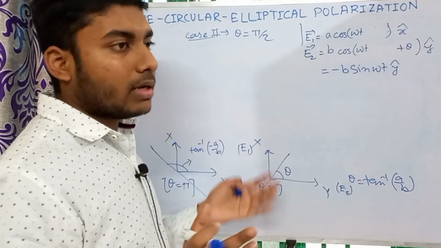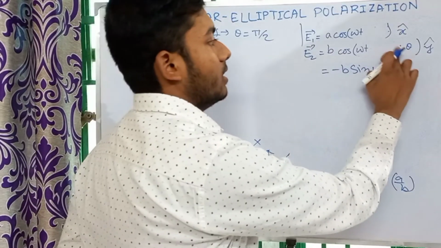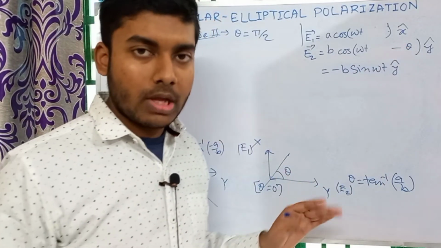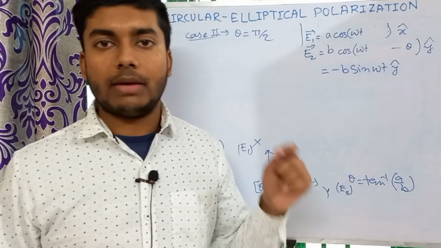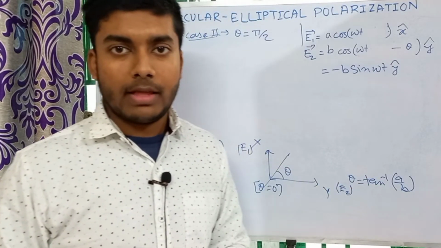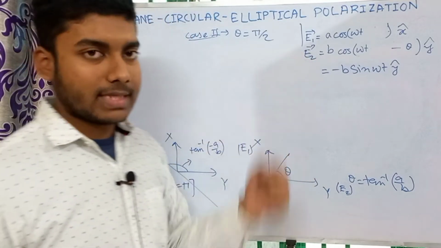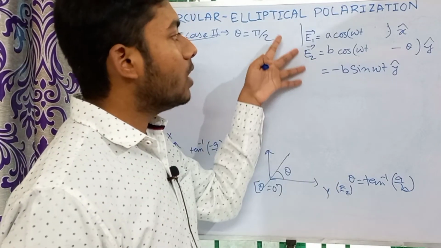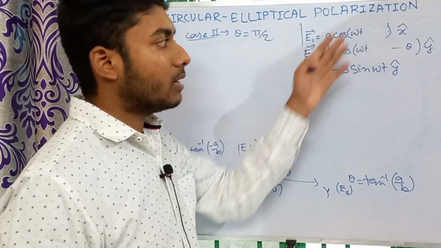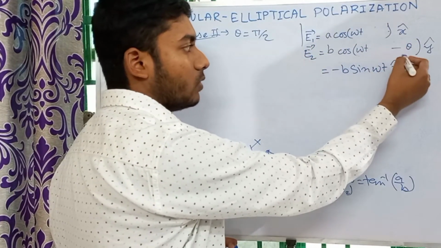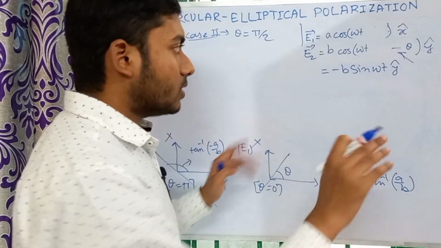In many cases you can see that this is minus theta, so that is also true. Whenever you are given a mathematical problem with two electric field vectors, you can easily see whether there will be a plus or minus in the given question. So that is not the matter.